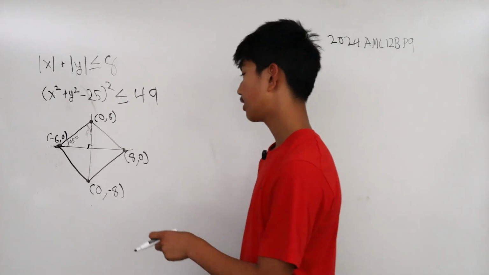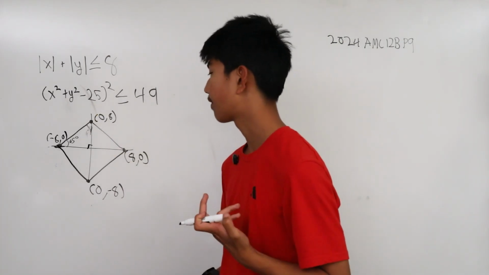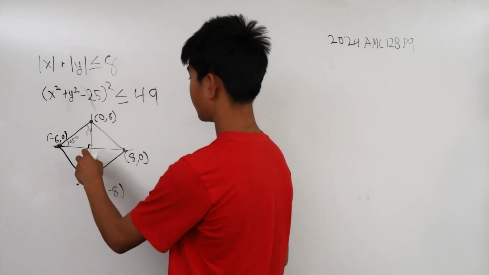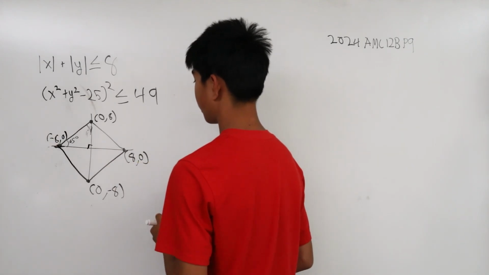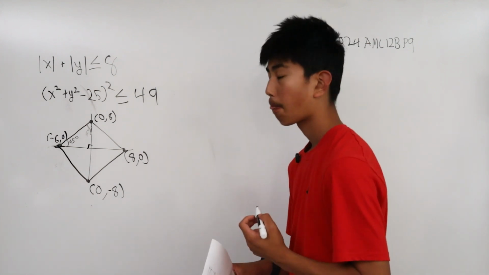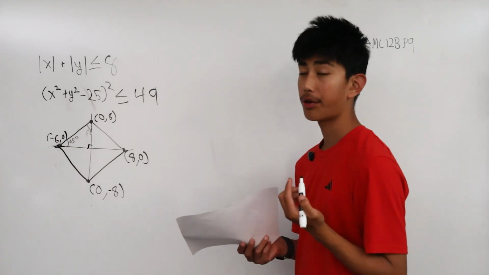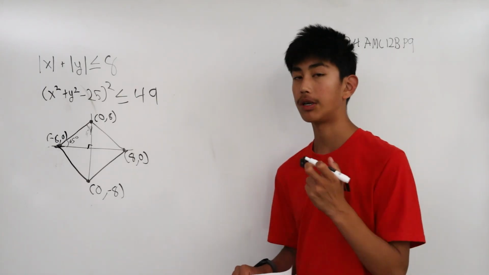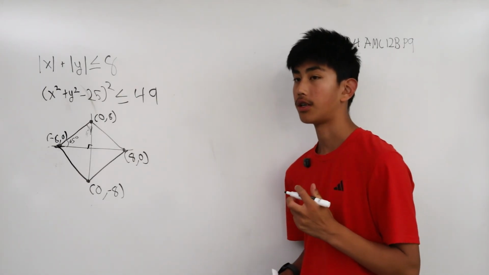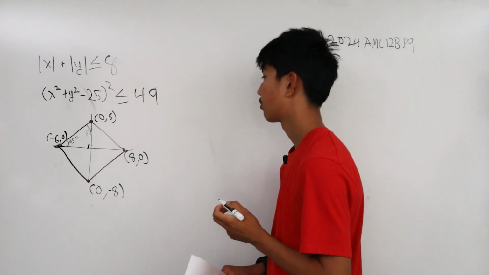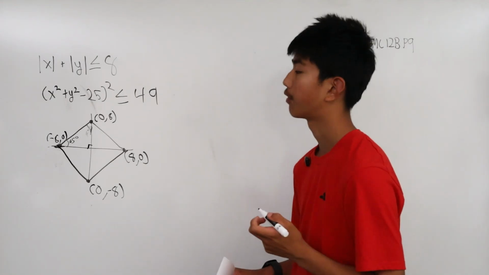So we know that these triangles are 45, 45, 90 triangles, and we know that each of these lengths from the origin to one of the corners is 8. One of the properties of 45, 45, 90 triangles is that the hypotenuse is equal to one of the smaller side lengths times the square root of 2.